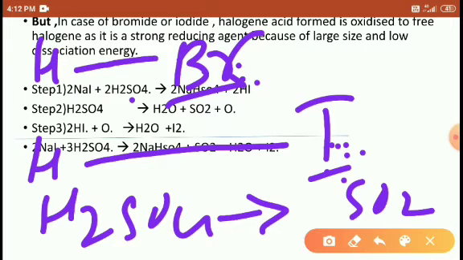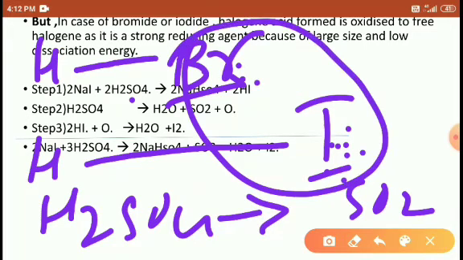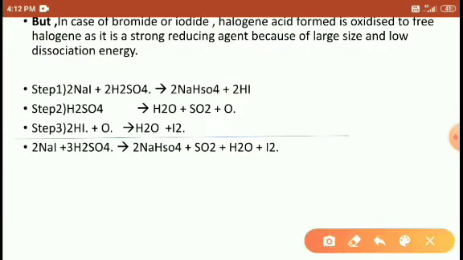So that's why they act as strong reducing agents. Rather than forming the volatile halogen acid, bromide and iodide turn into bromine and iodine molecules. Right, students?